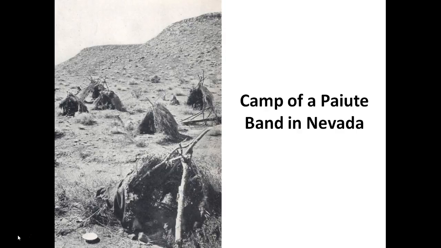Now, some sites that are used by bands would be repeatedly visited year after year, leading to larger deposits of materials that could be identified archaeologically. But those that were only used for a short period of time, or maybe even just once, have a limited number of artifacts and are often difficult to identify archaeologically.